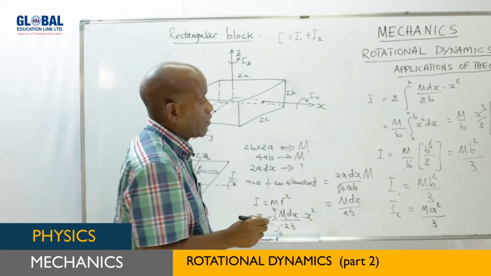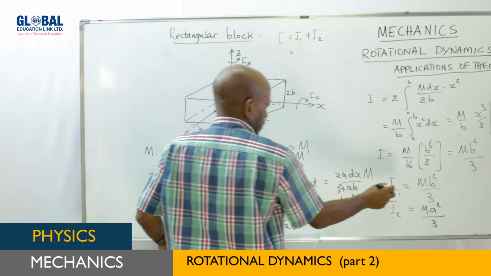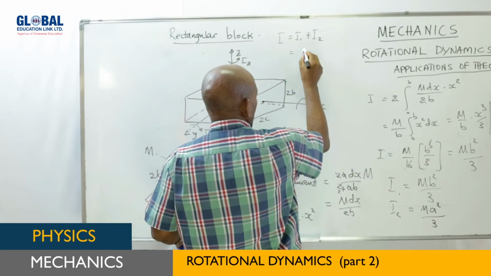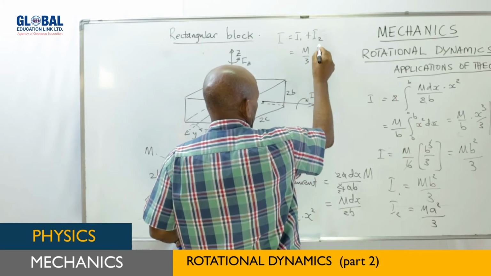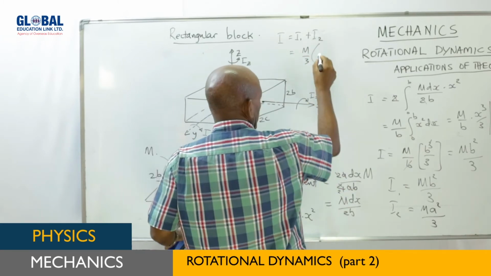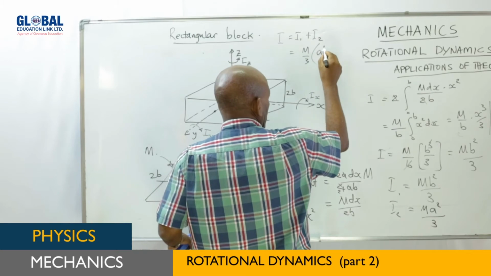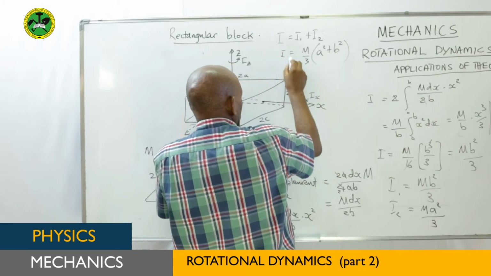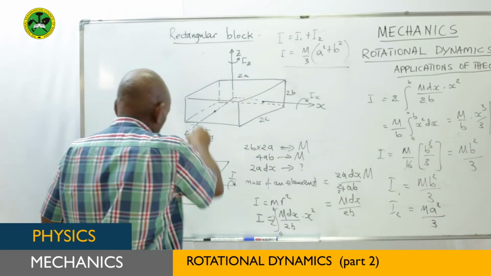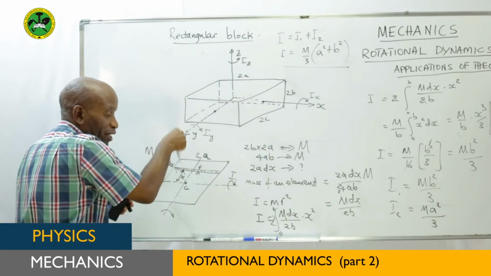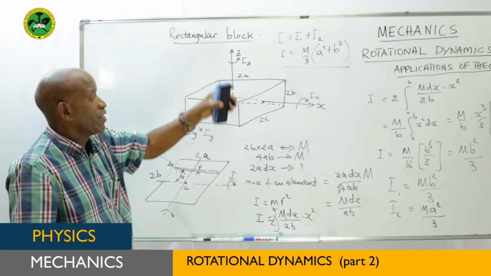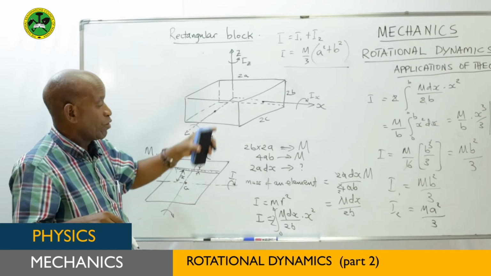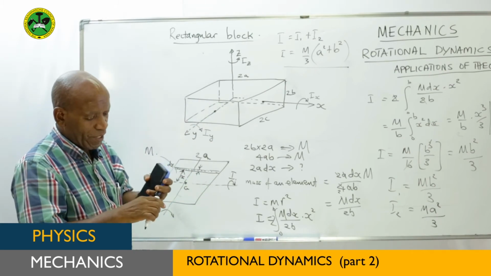If I add these very quickly, I get m over 3 times (A squared plus B squared). This will be the moment of inertia of the axis passing perpendicular to that plane, and that is the knowledge you are going to use now to determine the moment of inertia of an axis, which I have already mentioned earlier.